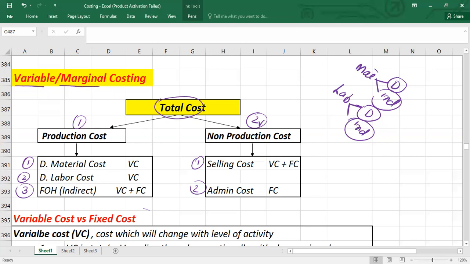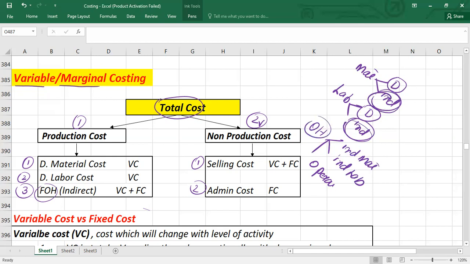Okay, then third, we have manufacturing overhead. Guys, overhead costs are also called indirect costs, because these costs cannot be traced to the cost object. And these costs might include what three categories? It might include indirect material, indirect labor, and factory operating cost. As I told you, indirect labor and indirect material are going to be part of overheads.